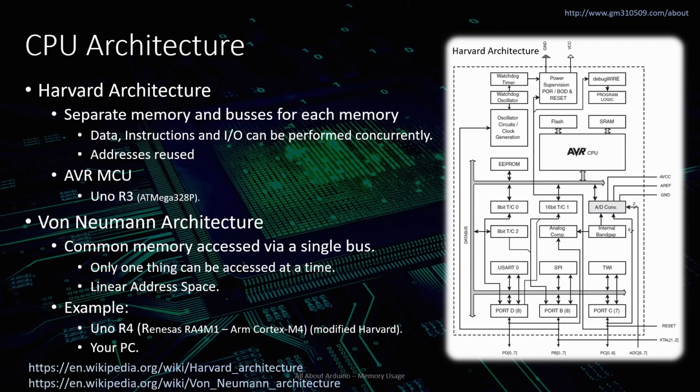There's also your PC, which just has one large block of memory that's a single contiguous address space, and everything sort of pretty much operates out of the RAM, but people do describe Intel CPUs as modified Harvard as well, or PC architecture as a modified Harvard as well. So again, there's no black and white. Everything's a bit fuzzy in IT as technology advances. So they're just examples for you to consider.